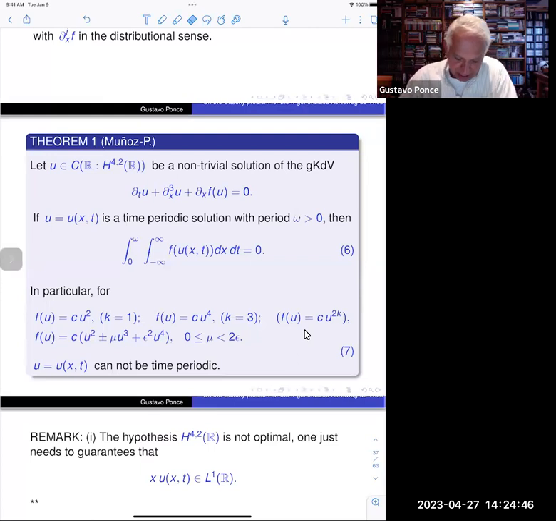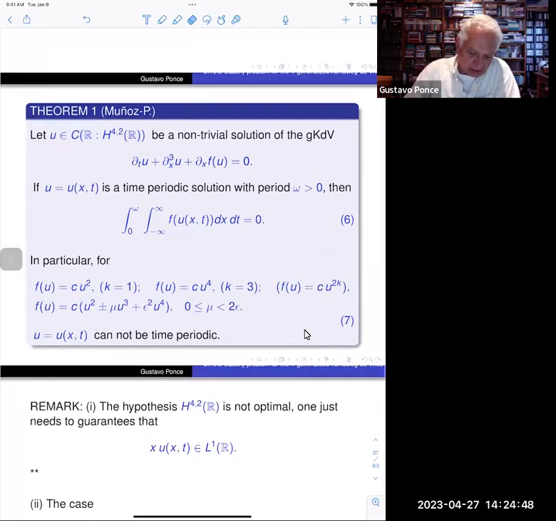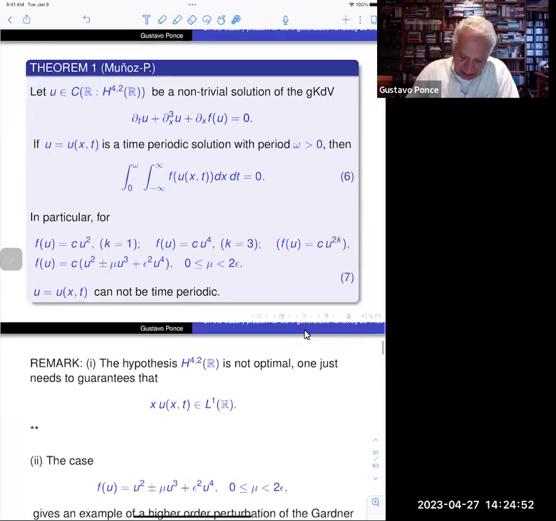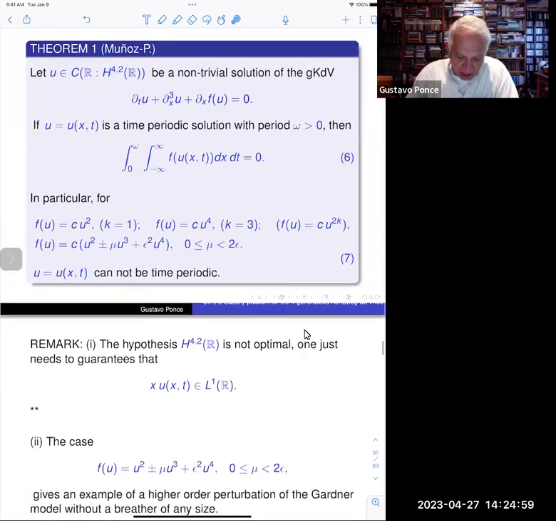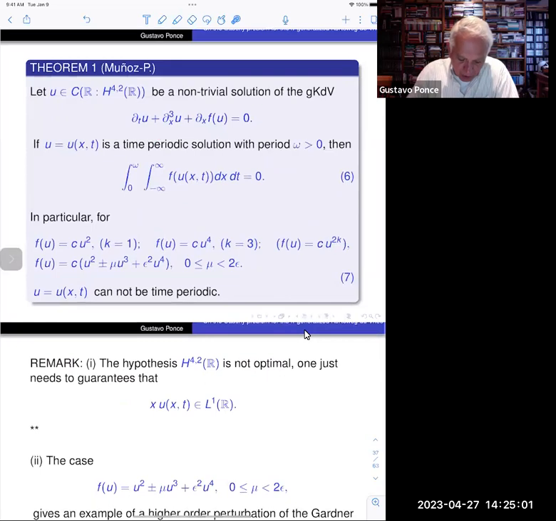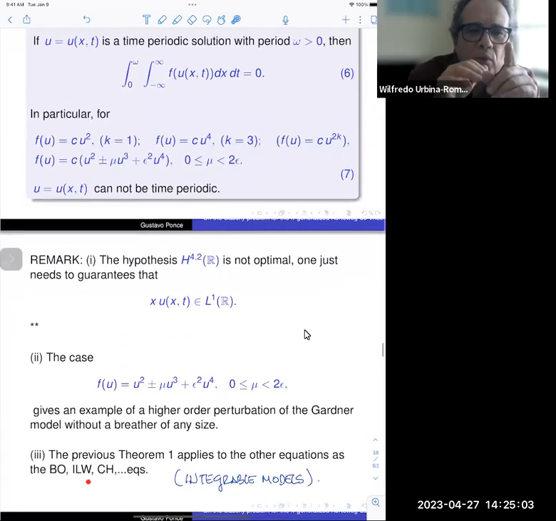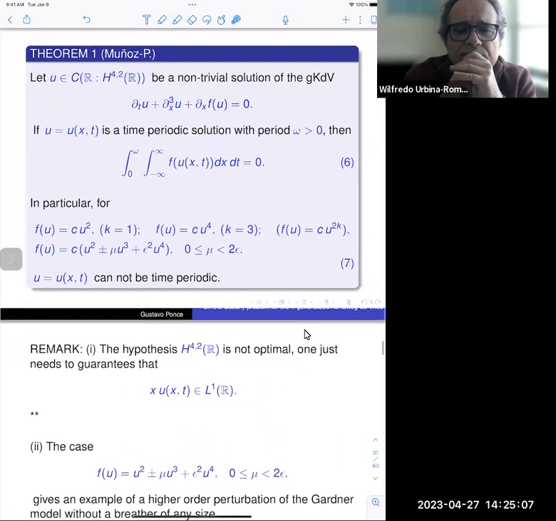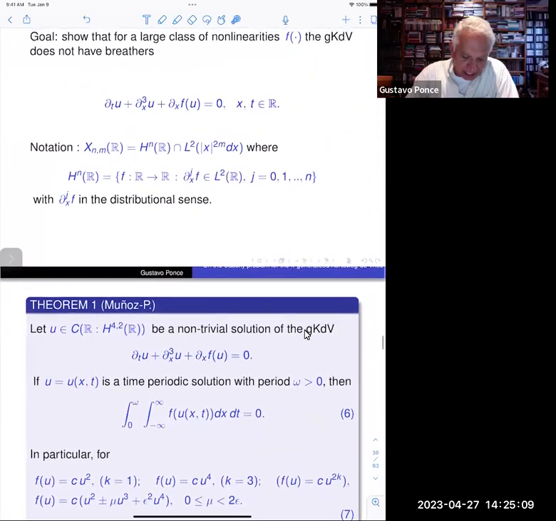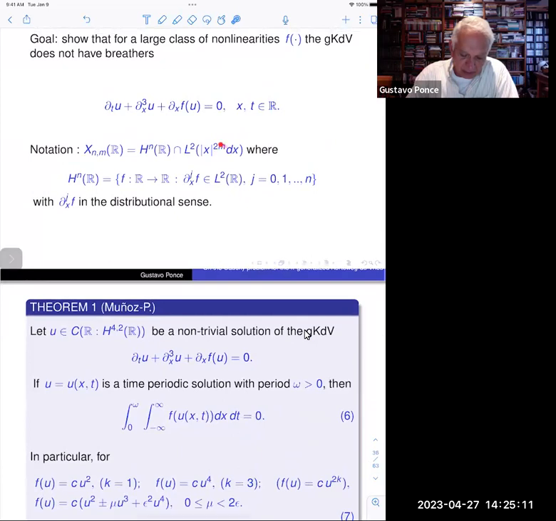Okay, we don't need this decay and this regularity. The only thing that you need is that x multiplied by this is in L1. And the same result, the same proof, works for other equations. What is H4 of R? It is that you have four derivatives and you decay like L2 with this power 4.